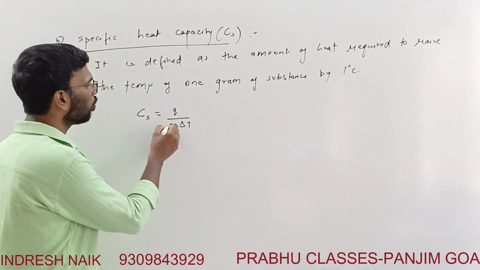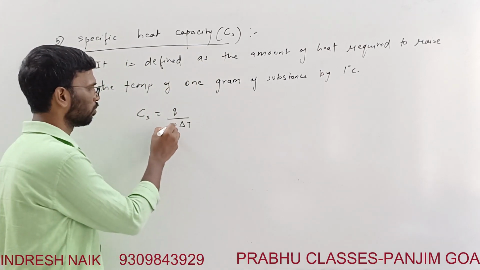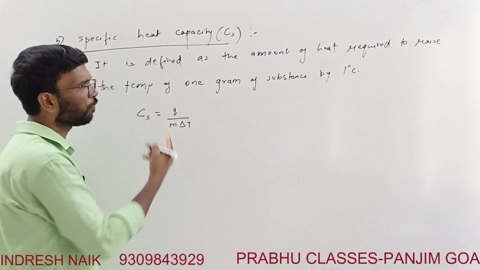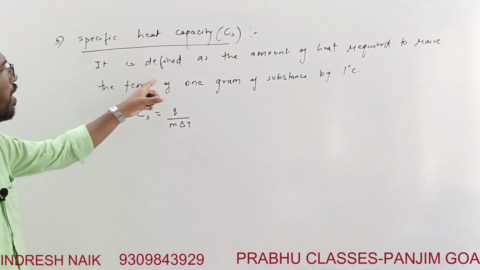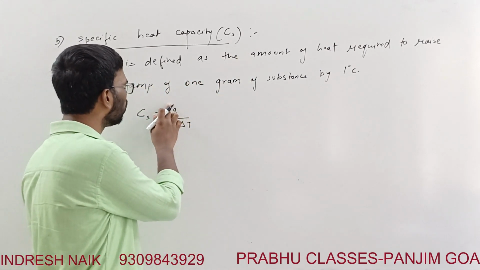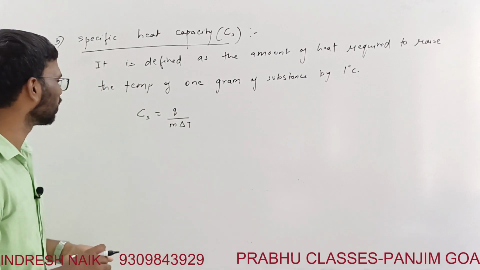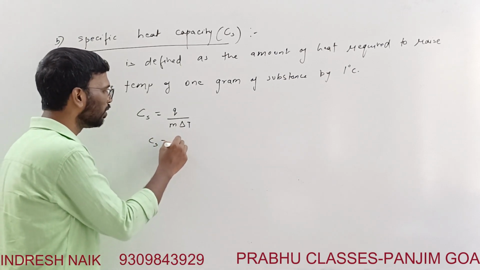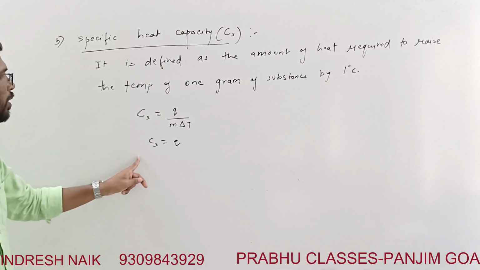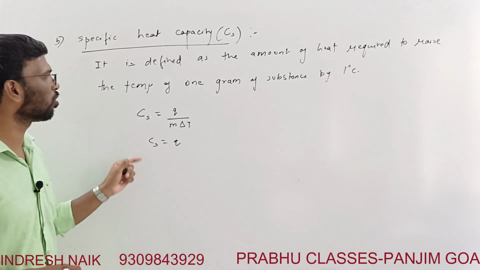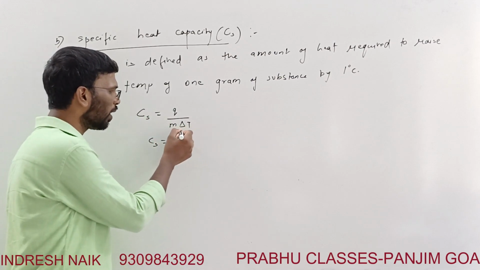So for 1 gram of substance, if you try to fit the definition, Cs will be equal to Q when both m and delta T are equal to 1. This is what we want as per the definition: the heat required to raise the temperature of 1 gram of substance by 1. So this is 1 and this is 1.